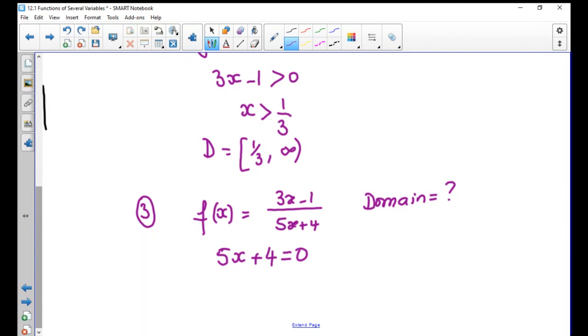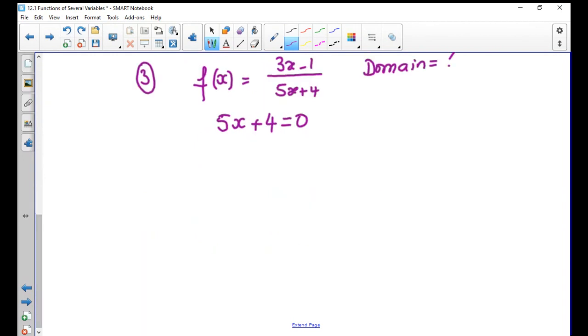So take 5 over 0, you check your calculator, again, not possible. So everything is okay except when the denominator is equal to 0, so you will get x equal minus 4 over 5. But please be careful, the domain is not x equal minus 5 over 4. What is the domain?